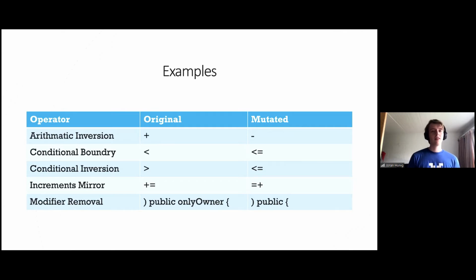But what this will effectively test is whether your test suite actually tests for permission control and authentication, because these modifiers are usually used for this kind of logic, like the onlyOwner modifier, as you can see on the slide here.